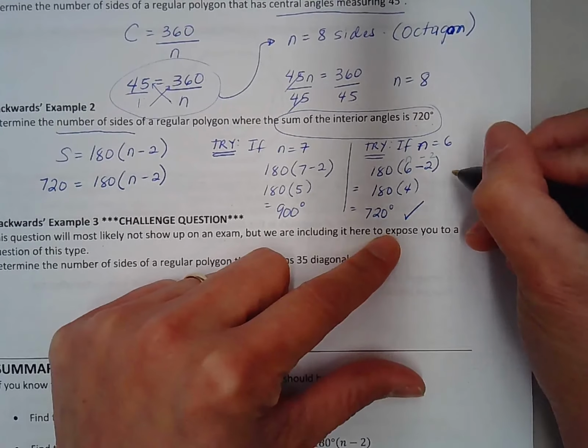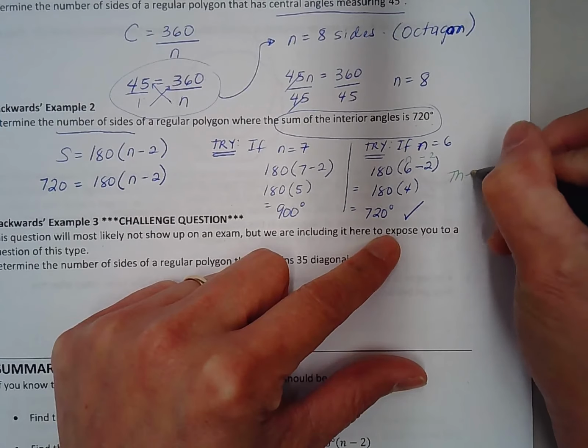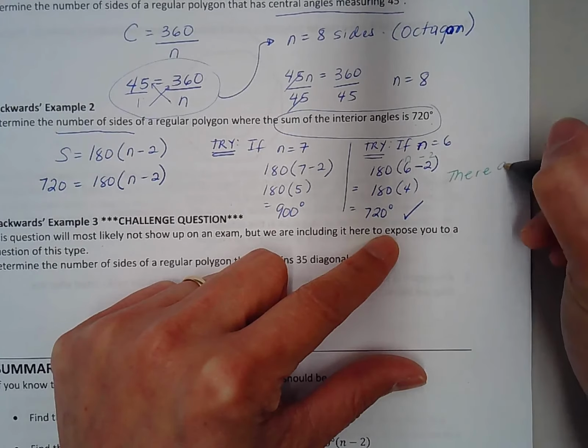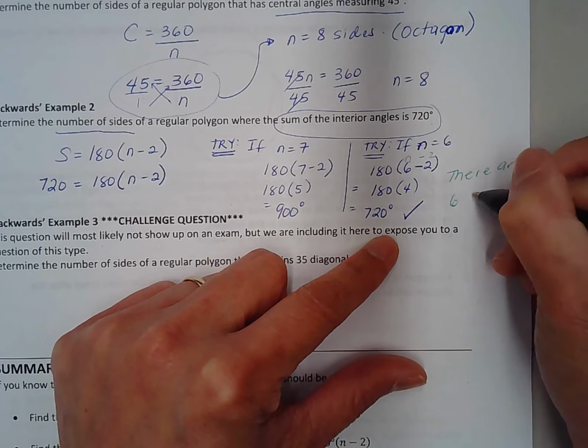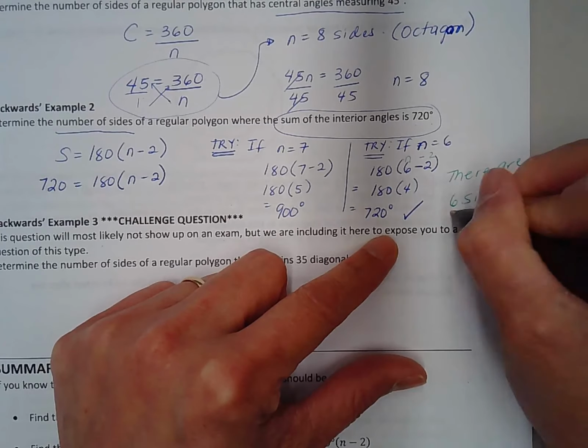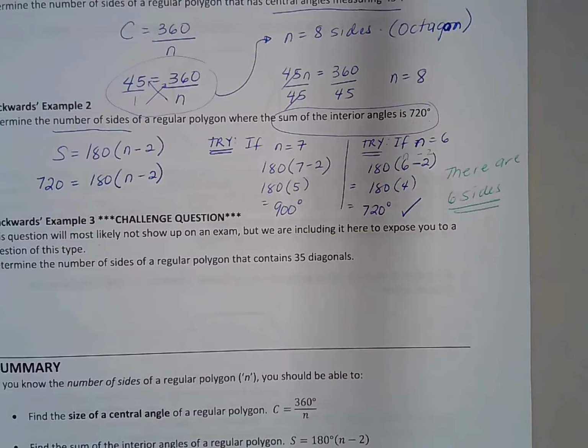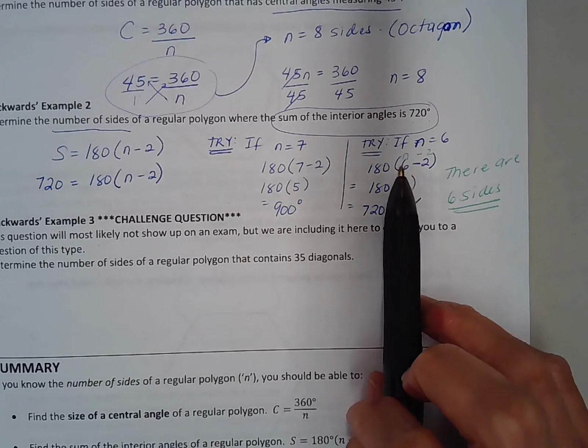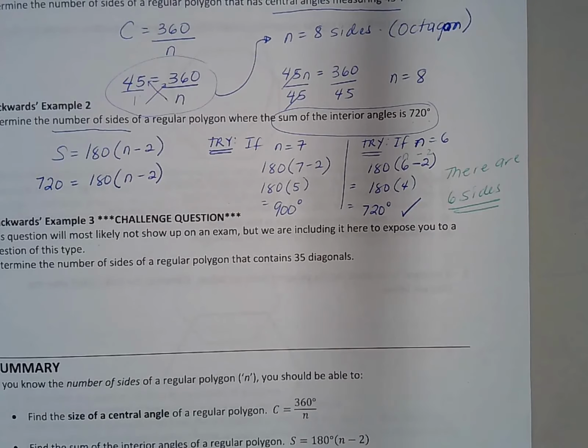So there are 6 sides in this polygon. Not 4, right? Because remember, it's n minus 2. Good? So far, so good.